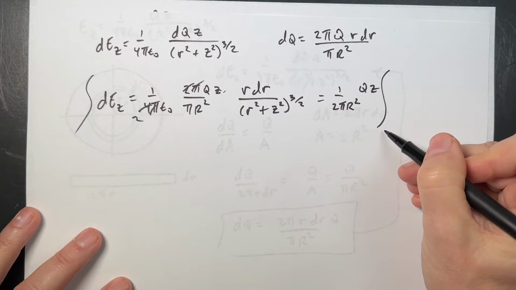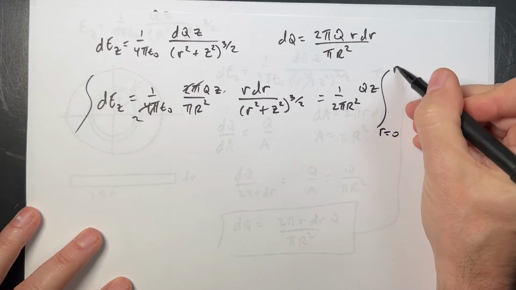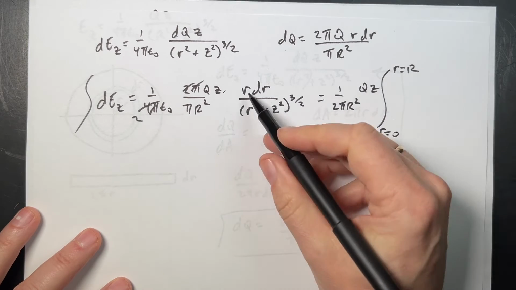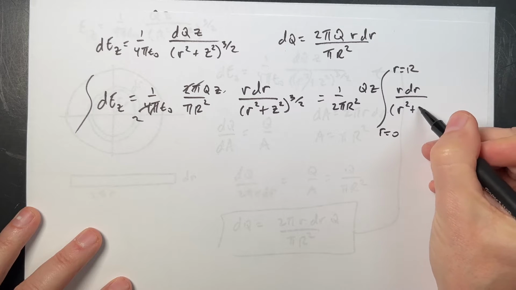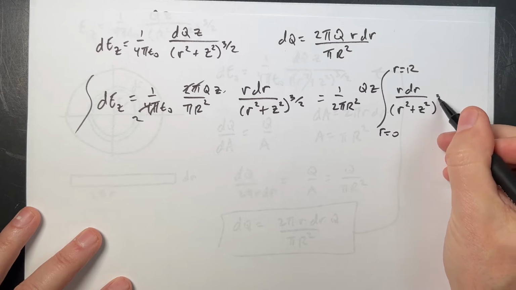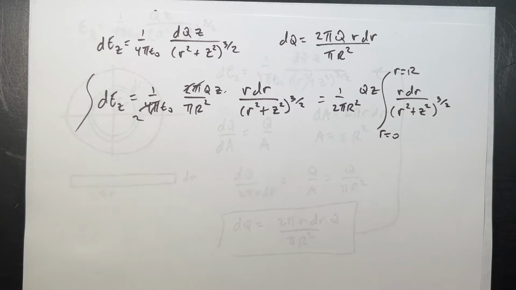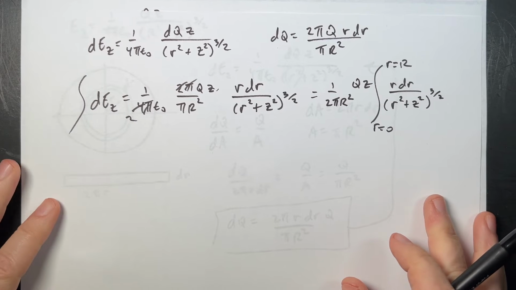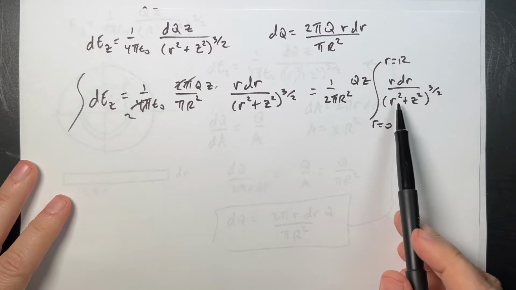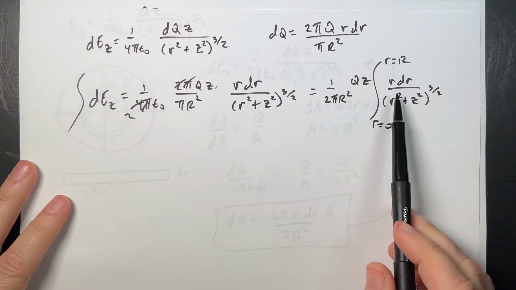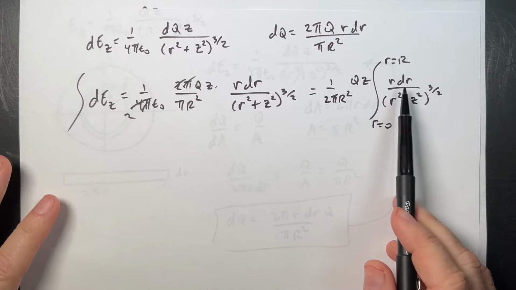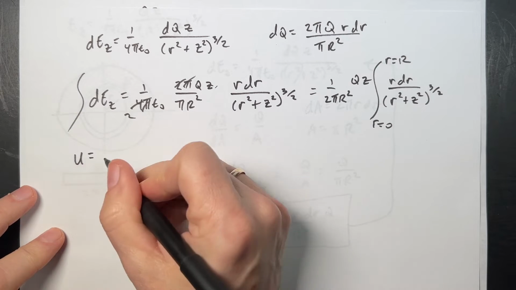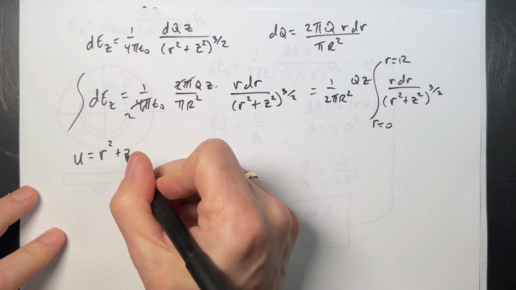So I'm integrating from r equals 0 to r equals R of this, r dr over r squared plus z squared to the 3/2. And that might look tough, but it's not tough. Because if you've done calculus practice before, you can remember, hey, look, if I call this u, then I have an r squared, and I take the derivative of u, I'm going to get an r dr. So let's say u equals r squared plus z squared.